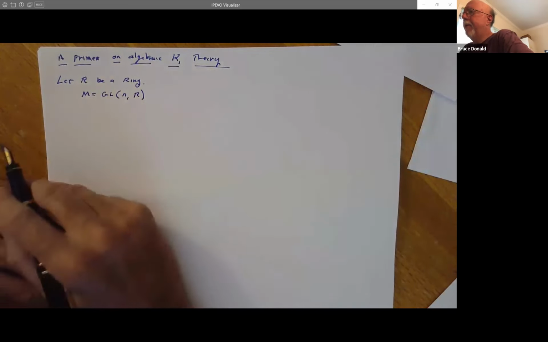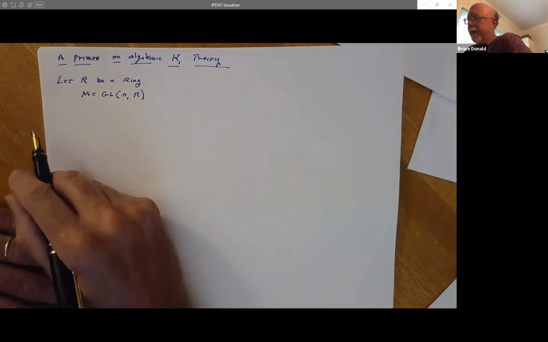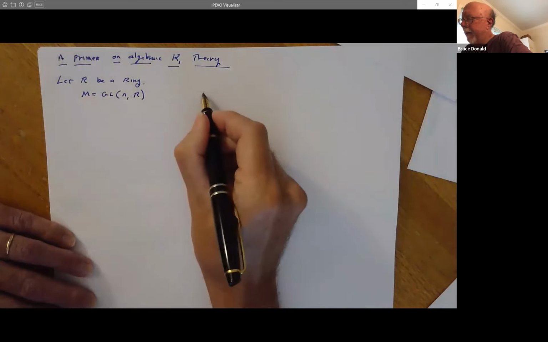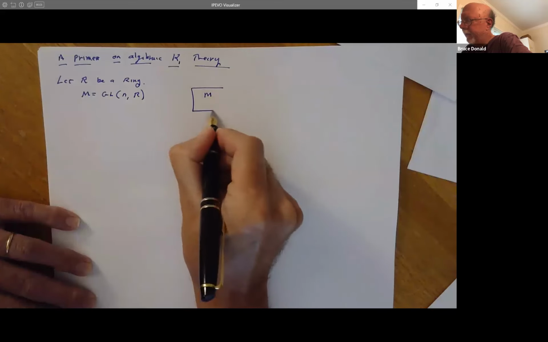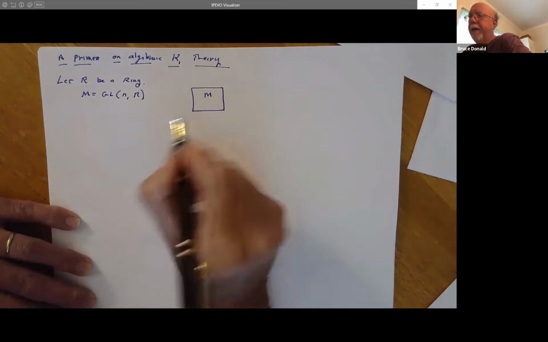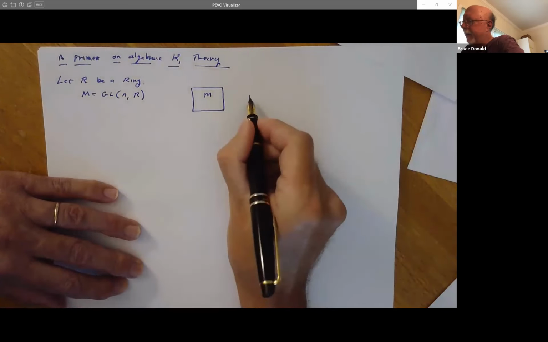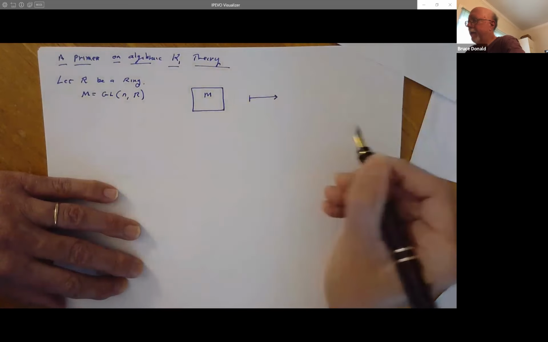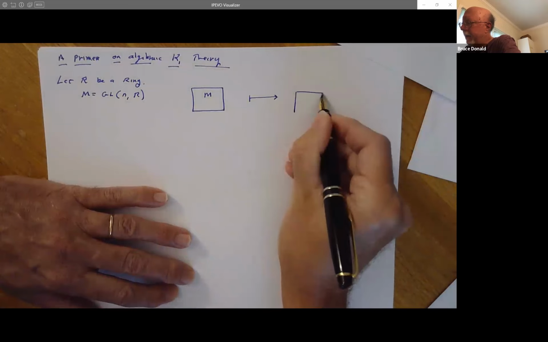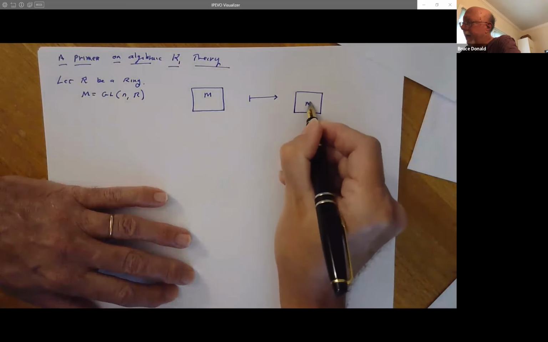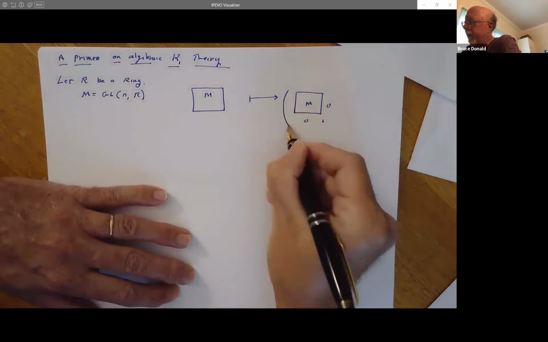And we want to define what's called the co-limit of that. And so the idea is that if I have a matrix M like this, then what I can do is send that to a matrix that's one dimension higher by taking M like this, putting a unit there, or one, and zeros like this.